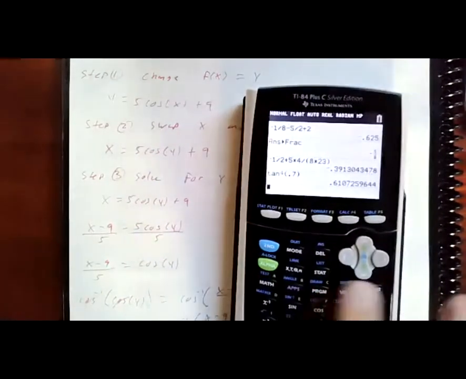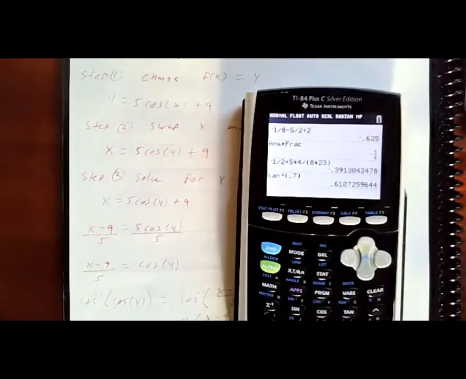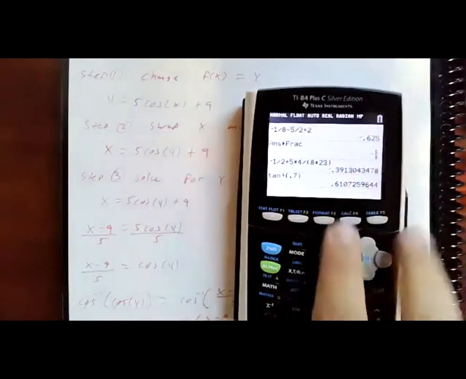Okay, so you just punch it in like this. You do tan inverse, and then you put 0.7 for number 2. And then you round to 2 decimal places, which would be 0.61.